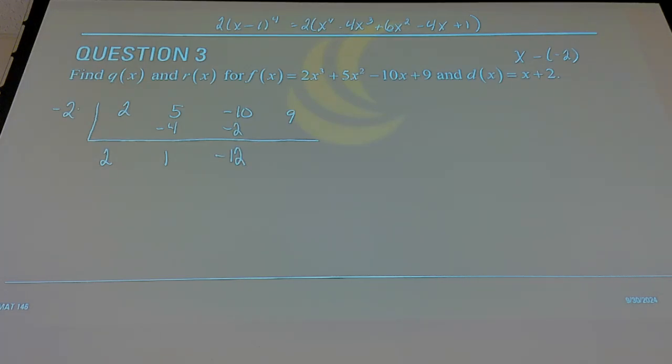Times negative 2. Add them. In synthetic division, that last term is always your remainder.